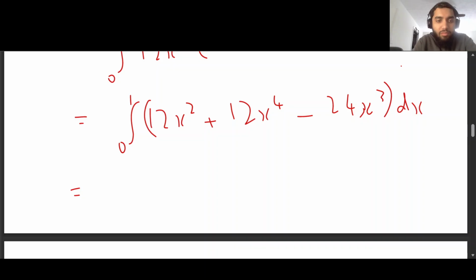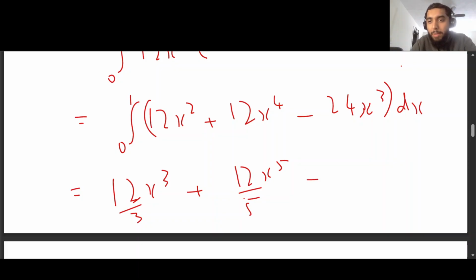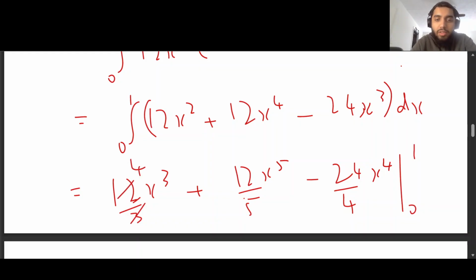So that's going to be 12x cubed over 3 plus 12x to the power 5 over 5 minus 24x to the power 4 divided by 4, between 0 and 1. Let me just simplify this slightly.